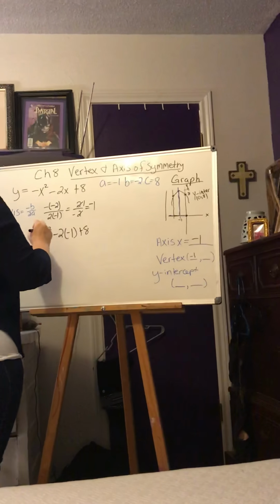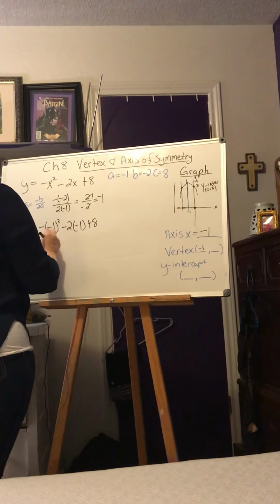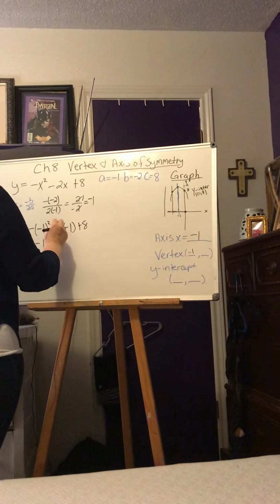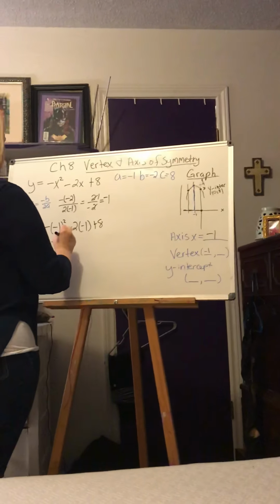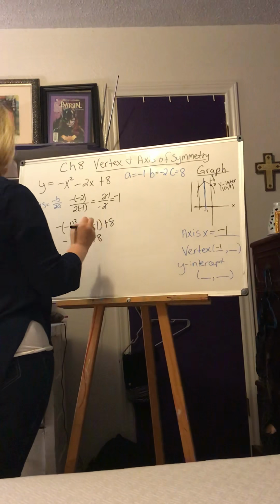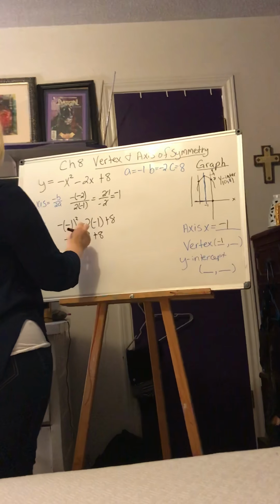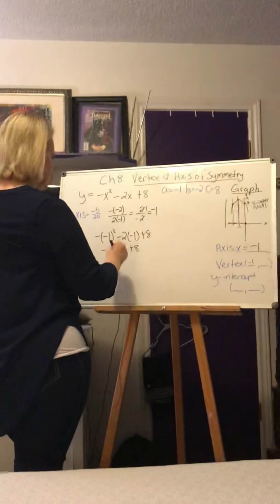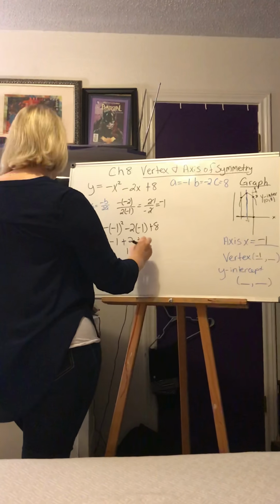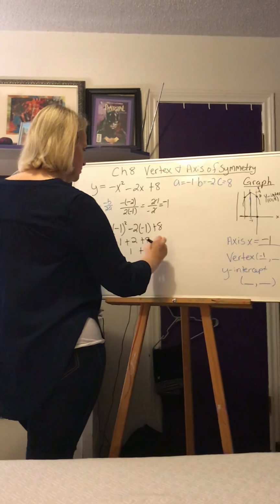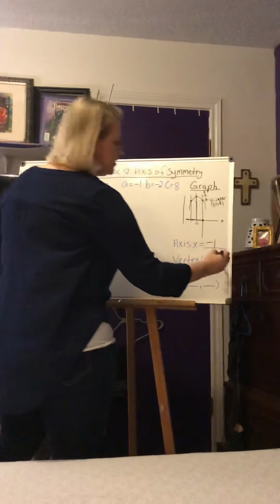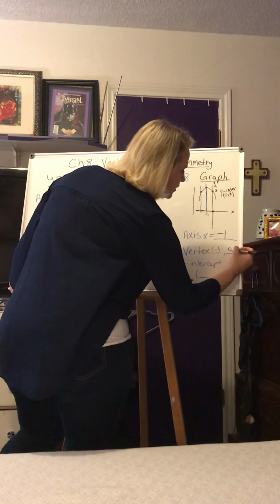Negative 1 times negative 1 squared is going to be negative 1. Negative 2 times negative 1 will be positive 2, and then we have our plus 8. Negative 1 plus 2 will give us 1, then plus 8, and y will equal 9. So our y coordinate is going to be 9 on our vertex.